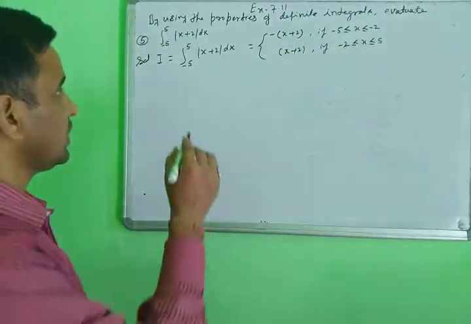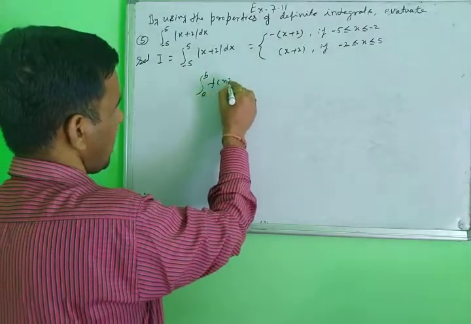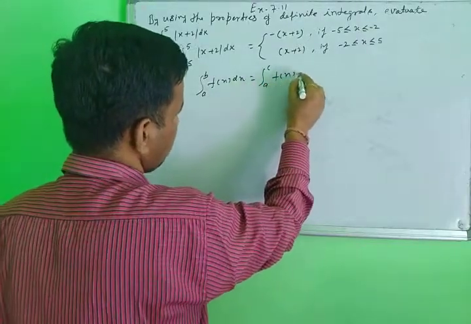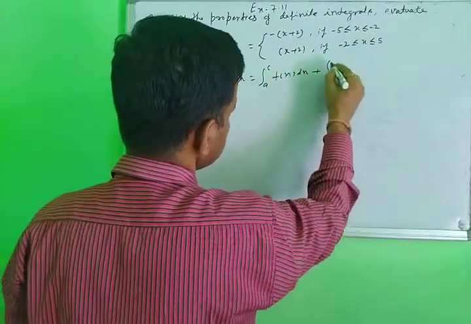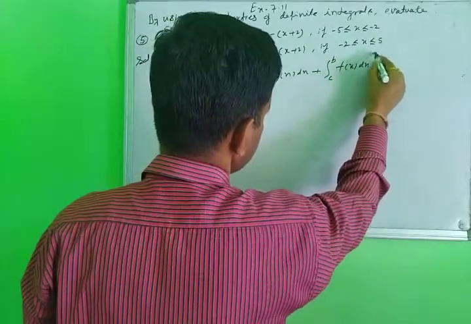So now you can use this property here: integral from A to B of f(x) dx equals integral from A to C of f(x) dx plus integral from C to B of f(x) dx.